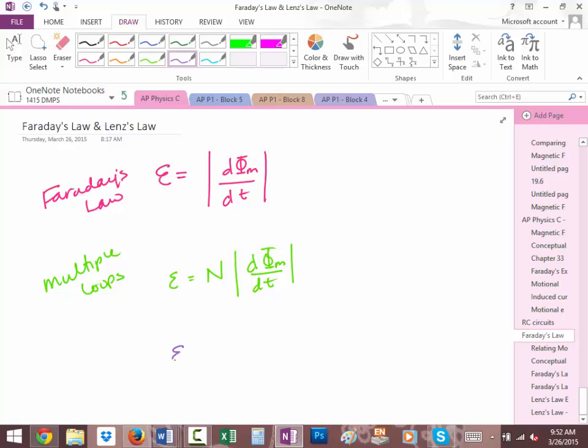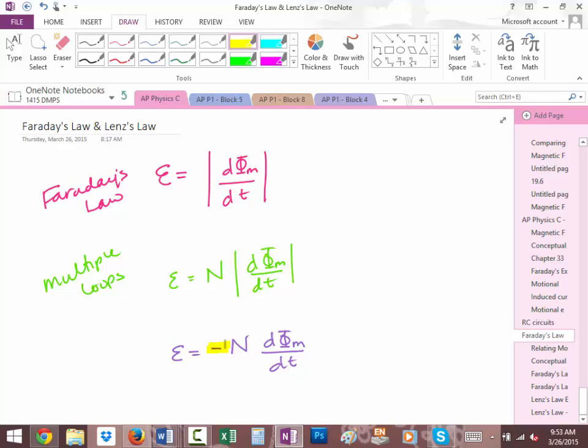Usually when I see Faraday's law written, I see it written like this. Okay? So the opposite of N d phi dt. This negative sign is, I would suggest, the most important negative sign in all of electricity and magnetism.